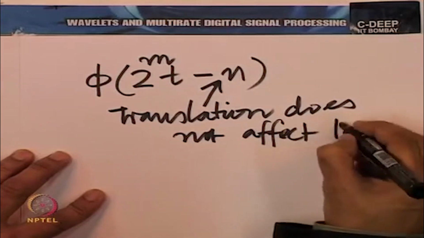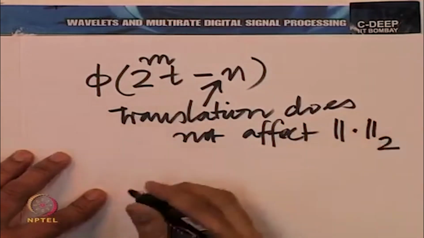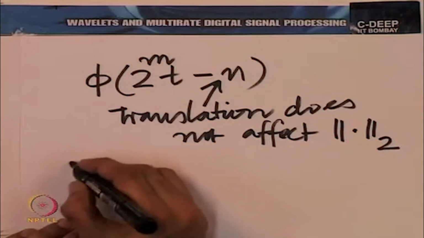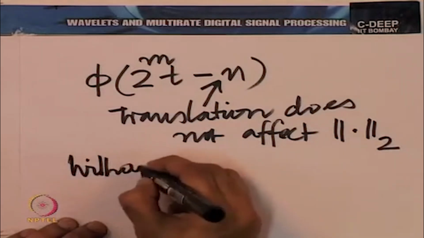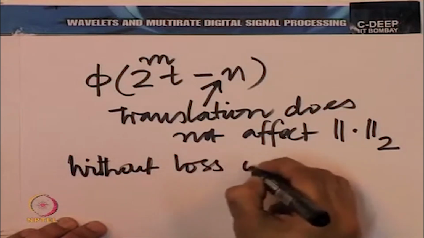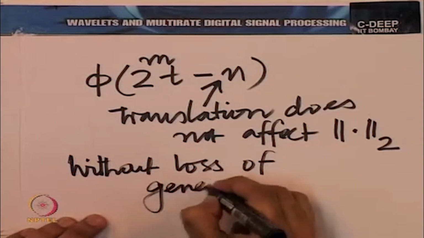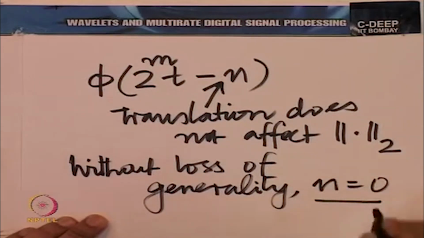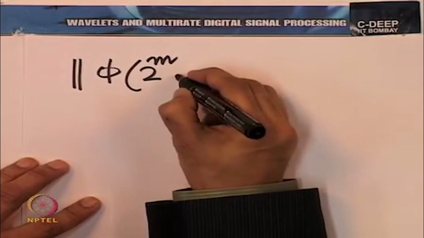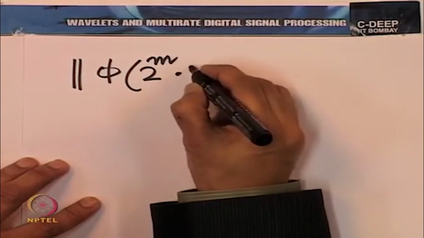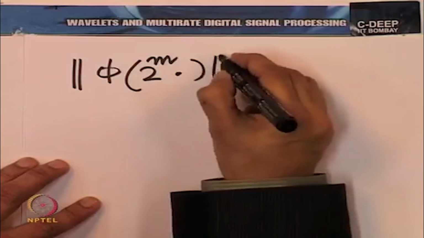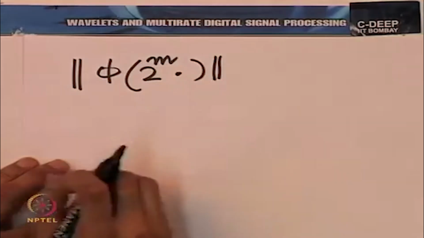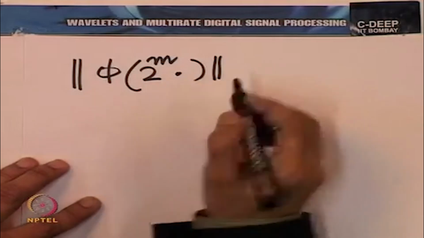I am talking about the L 2 norm, and therefore, we can as well take without loss of generality n equal to 0. Let us find out the norm therefore. So, I am putting 2 raised to the power of m and then a dot. Dot denotes the argument of the function, but we are treating the function as an entity. So, I do not use the explicit argument here.